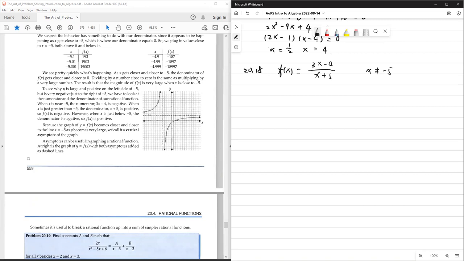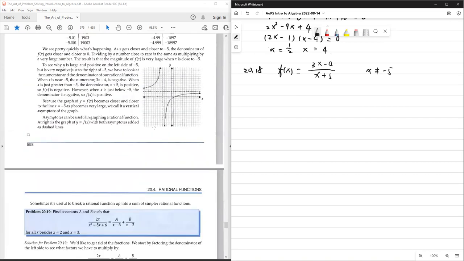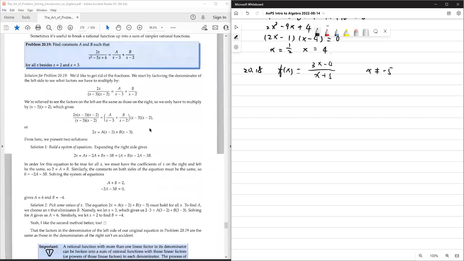So this is called a horizontal asymptote. Then this is a vertical asymptote. In Chinese, it's 渐近线. You can approach infinitely close, but you can never reach this number. That's a whole chapter in itself, so I'm not gonna expand on that. So that's what you get for graphing it.